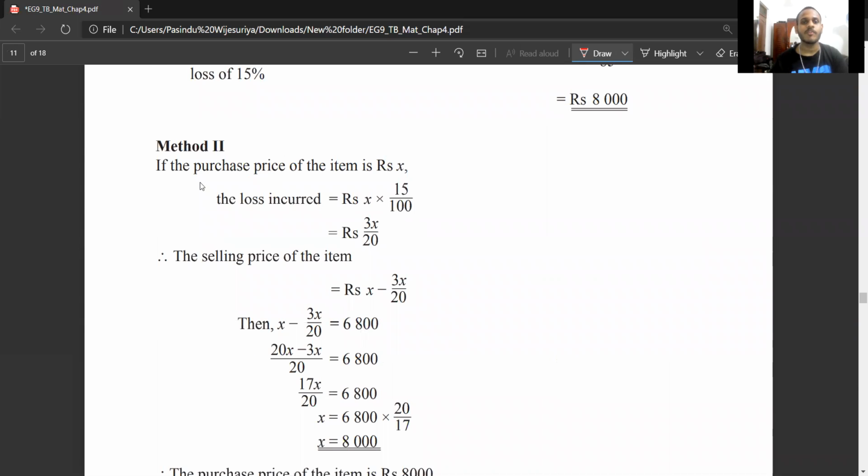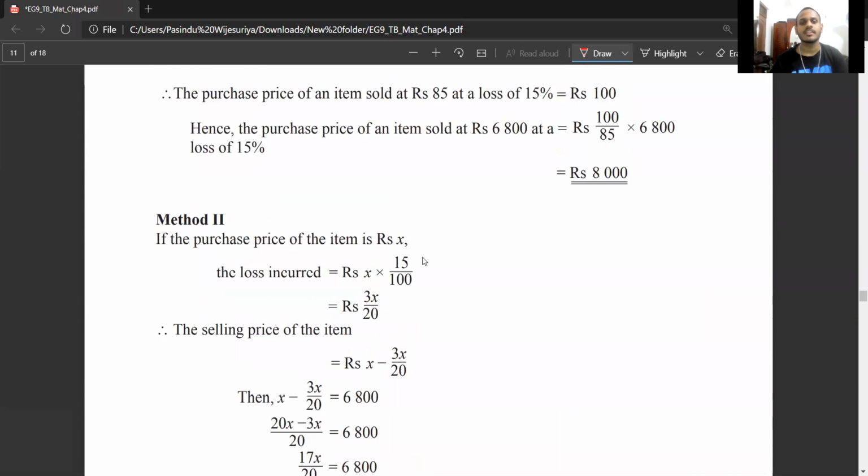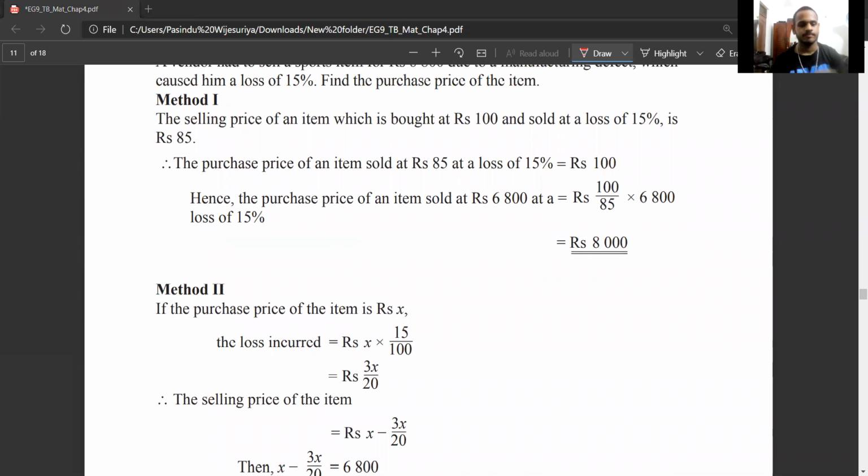In these types of questions, there can be known variables and unknown variables. Sometimes they might ask for the percentage itself.